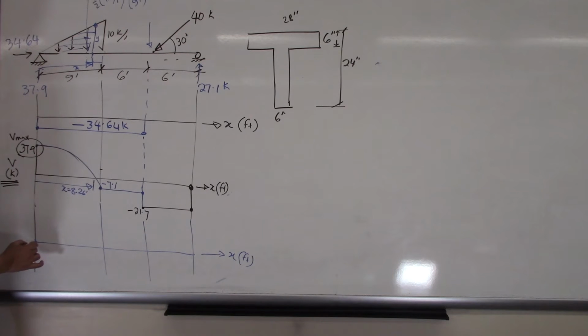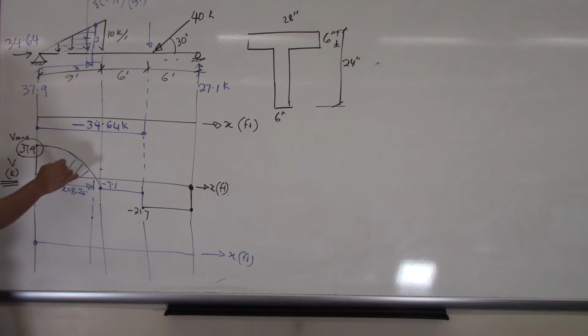So at the beginning my moment is 0 because that is a pin support. A pin support cannot take any moment. So moment is 0. What is the area of our shear force diagram at the beginning? Nothing. If x is 0, no area. 0.